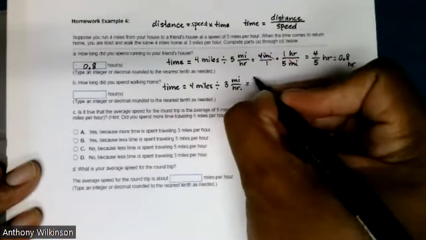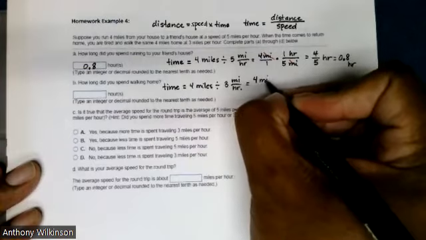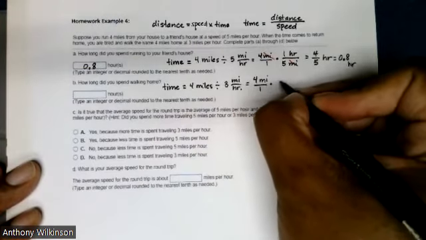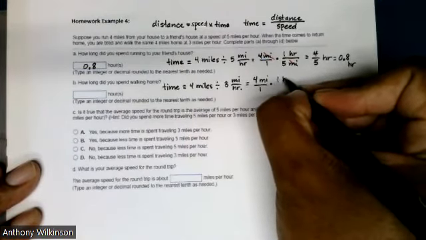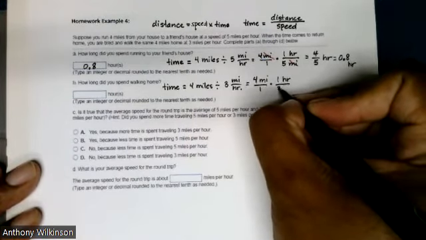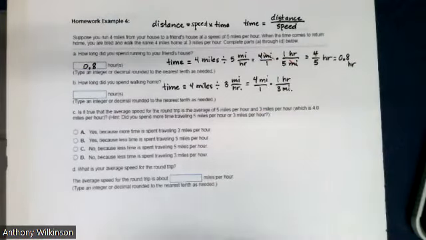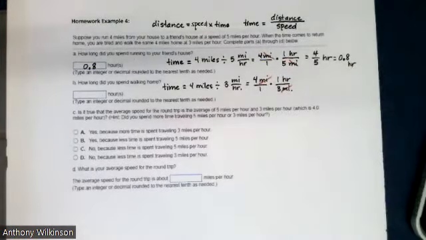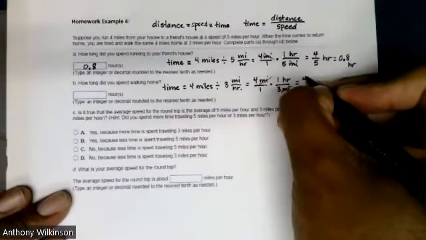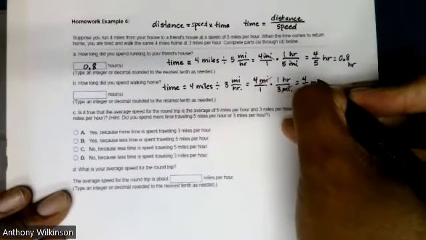Now, we again multiply by the reciprocal, so it'll be 4 miles over 1 times the reciprocal of 3, which is 1/3. So this is actually going to be 1 hour over 3 miles. We invert the units as well, so that way your miles divide out. This will be 4/3 of an hour.